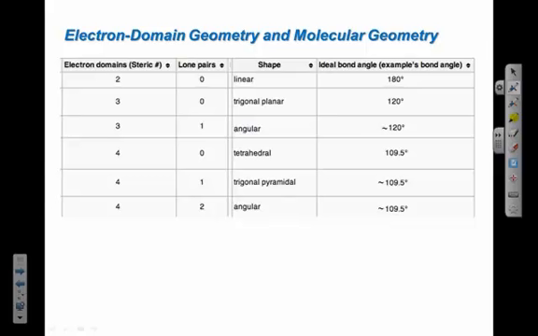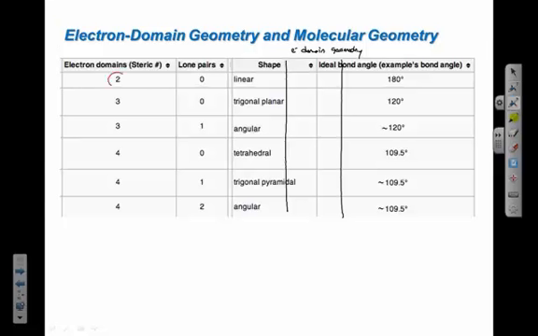So if I've got 2 electron domains and no lone pairs, here's the molecular geometry. Let me add another column to this, and I'll call this electron domain geometry. We would want to analyze that first, right?